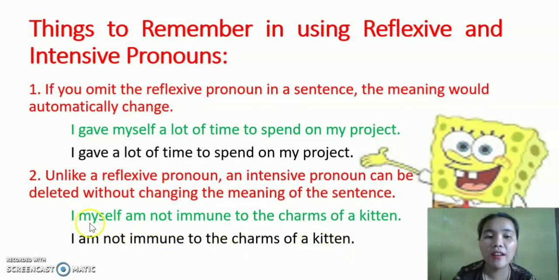So nawagtang na ang intensive nga myself, but the meaning of the sentence is still the same, that she or he is not immune to the charms of the kitten. Okay? Wala ra mausab ang thought sa sentence. So, okay ra sa intensive nga mawagtang siya or maomit. But in the reflexive, it cannot be mawagtang kay ma-change ang meaning.